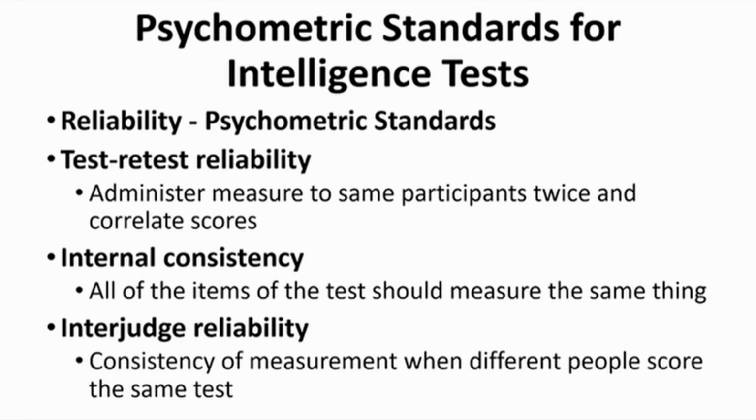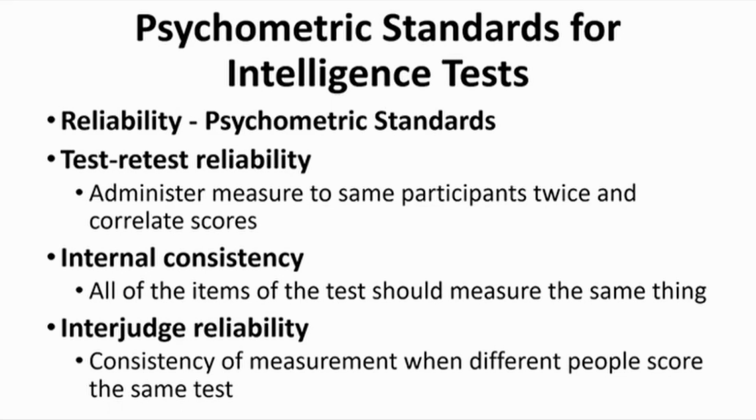And our last type of reliability that we're going to talk about is inter-judge reliability. In other courses, I have referred to this as inter-rater reliability, where we're looking at the consistency of measurements when different people are scoring the same test.